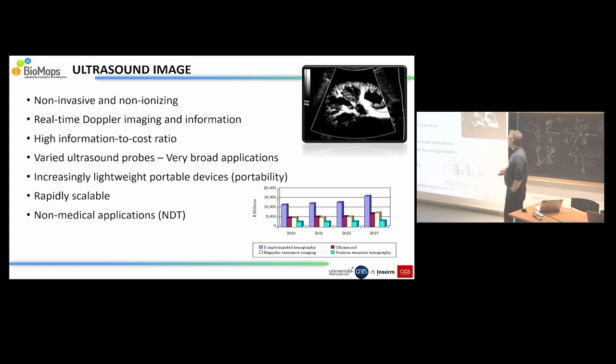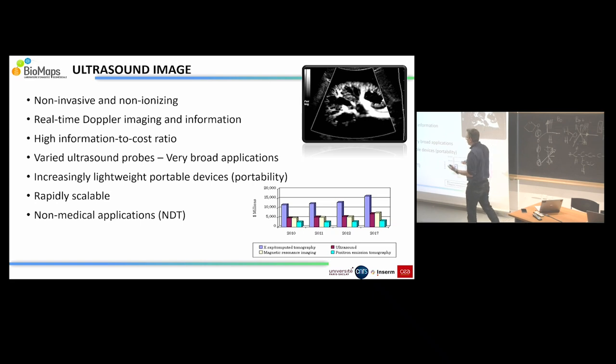So the advantage of an ultrasound image is that it is non-invasive and non-ionizing. It's real-time. You have fast information, because you have a lot of frames per second, so you have real-time feedback. You have a lot of information for a low-cost device, so it's very important when you want to develop a medical device. There are many applications.